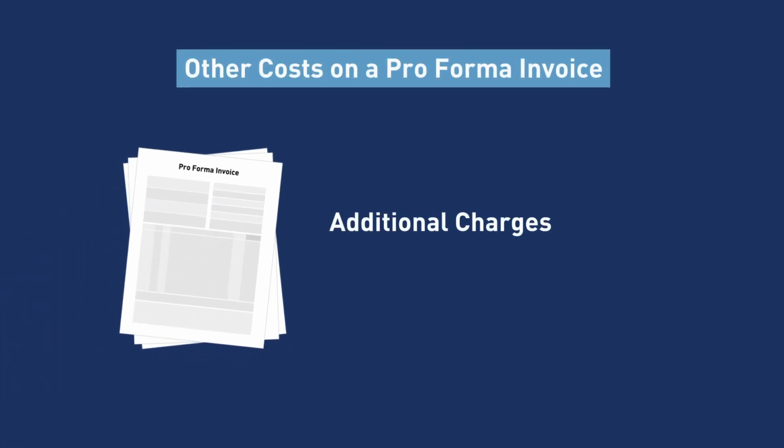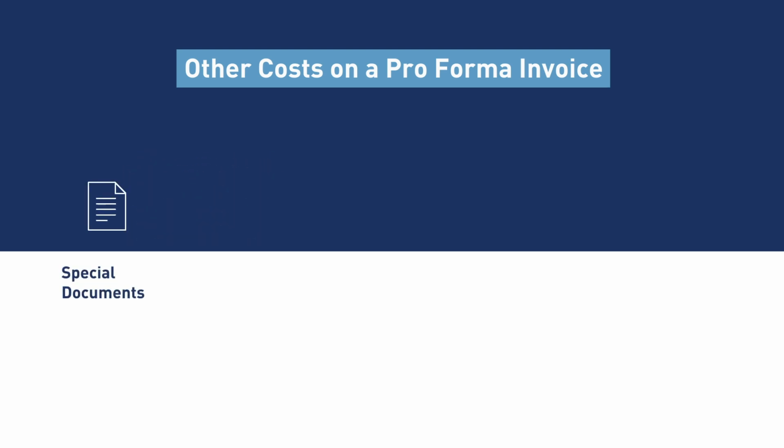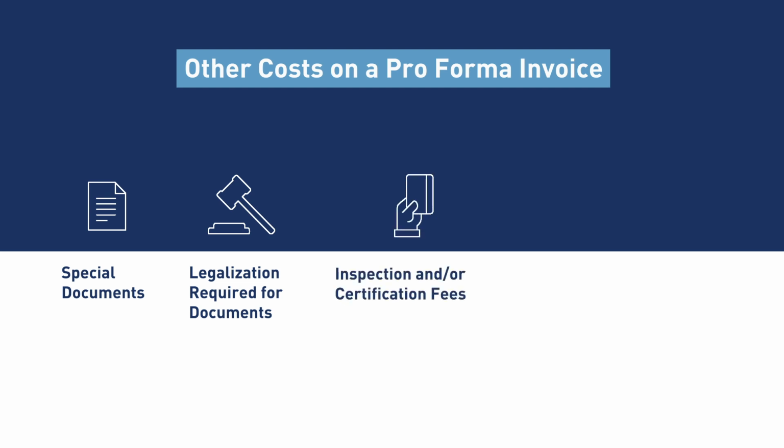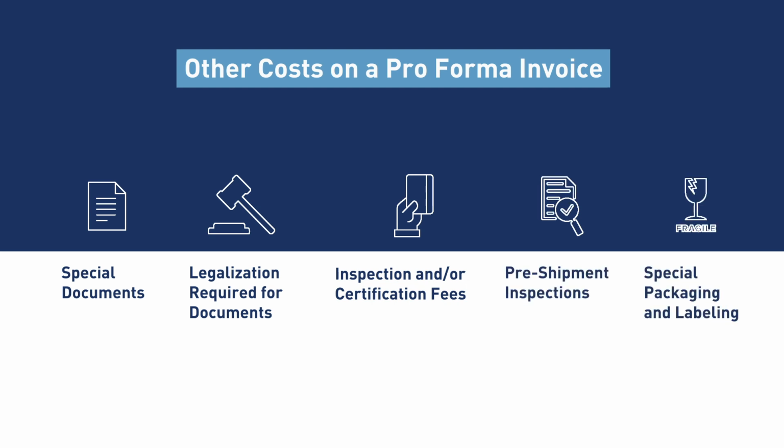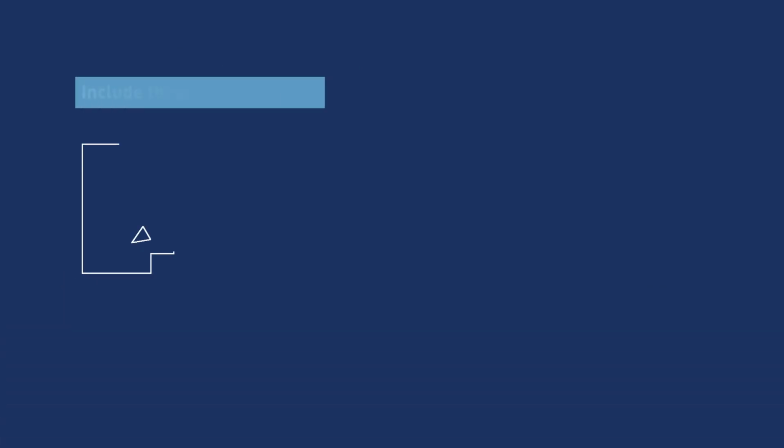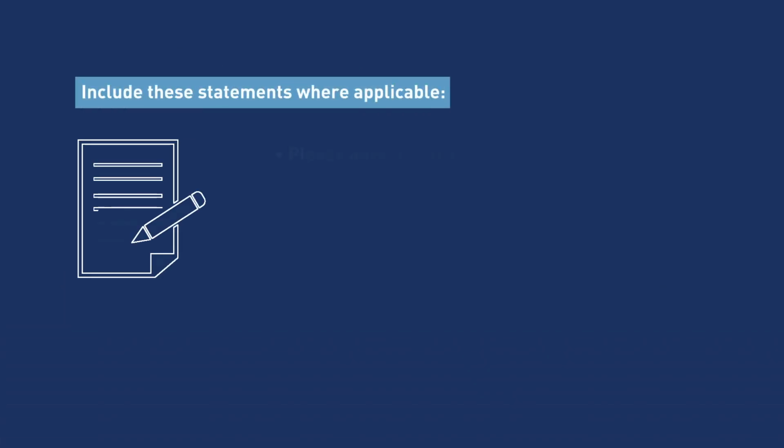Other items that should appear on a pro forma invoice include additional charges, such as special documents, legalization required for documents, inspection and/or certification fees, pre-shipment inspections, and special packaging and labeling. It's also good practice to include the following statements where applicable.